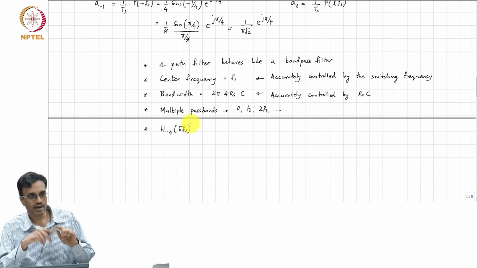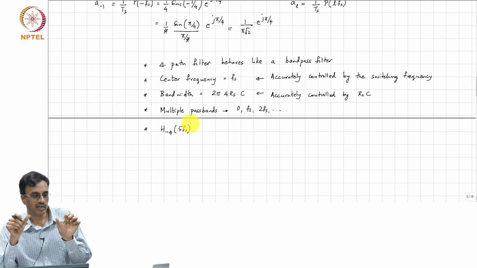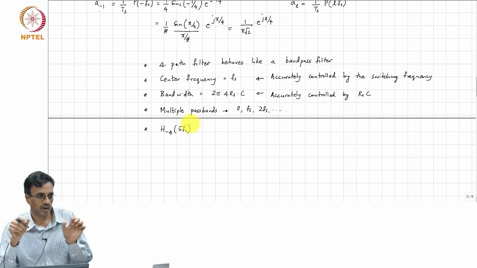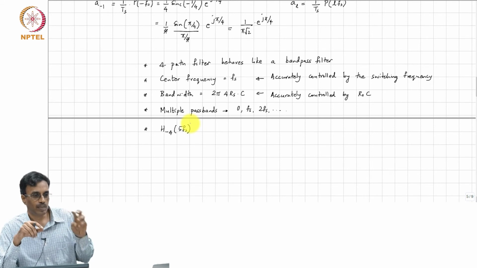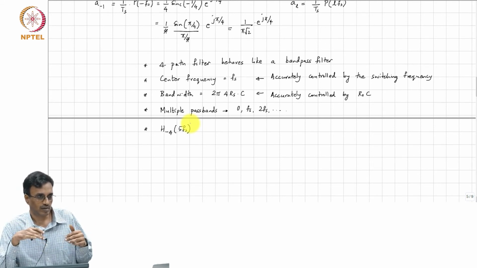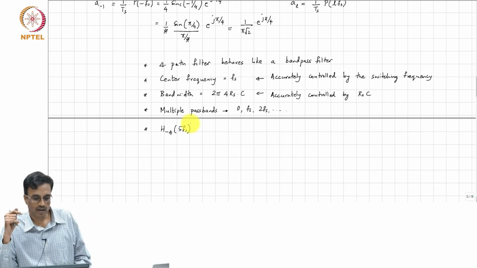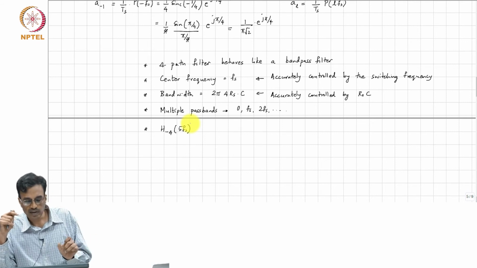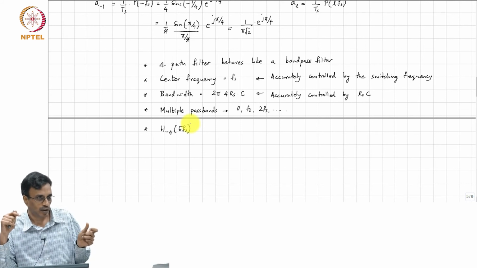Remember, if you put 5 Fs also, the capacitor voltages will basically have some non-zero averages, right. And when you compute the real part of H of j 2 pi f and imaginary part of H of j 2 pi f, you will get a periodic waveform with a period of Ts by 4. So, basically if you put an input at 5 Fs, H minus 4 is not going to be 0.